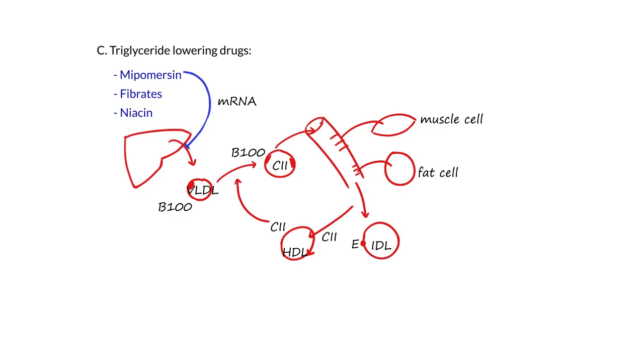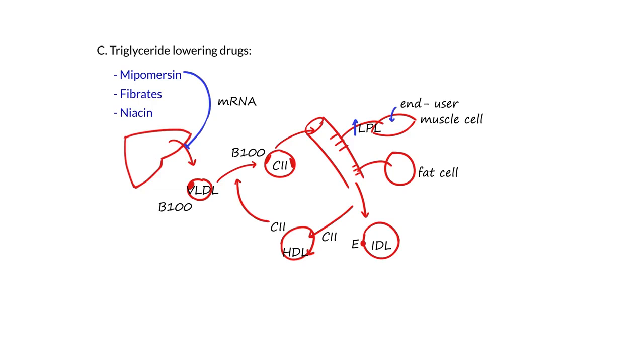Our fibrates are actually going to stimulate the muscle cell to increase the amount of LPL. And the reason that works is, remember that the muscle cell is an end storage organ. Anything that goes into the muscle cell never comes out again because it's going to be burnt. So it's a final stage.